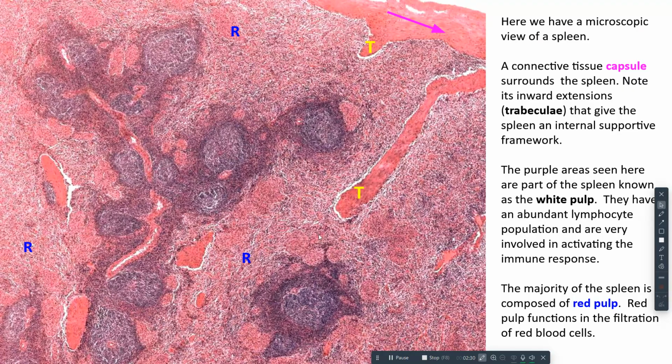Now, the rest of the splenic tissue, so everything that's not a trabeculum or not white pulp, everything else in here is basically going to be red pulp. And red pulp is going to function in that filtration, that removal of old, ugly red blood cells. So no surprise that the red pulp did that. No surprise that the white pulp has lymphocytes, which are white blood cells, and that's what accounts for the purplishness here.